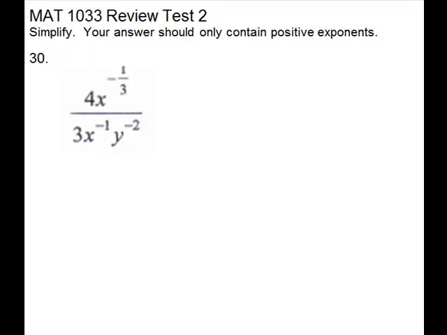Next we have a quotient or a fraction. And I'm just going to work in categories. So I have my numbers, I have x's, and I have y's. For our numbers, we would just reduce. And 4 over 3, that's all you can do. So we're going to leave that one.